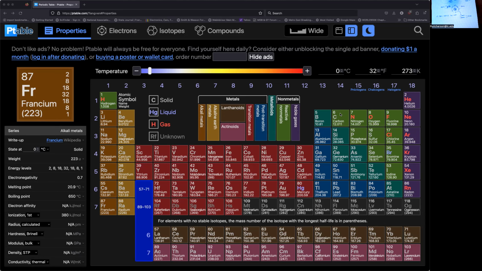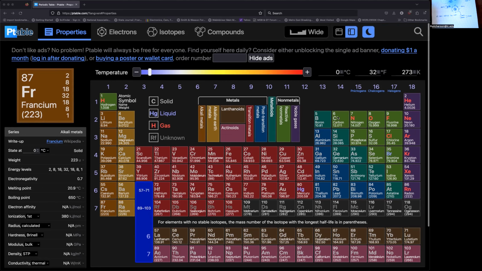Right? So the example I gave, we have an element that has 6 protons. An atom with 6 protons is carbon. It can be nothing more, it can be nothing less. Carbon always has 6 protons. Vanadium always has 23 protons.